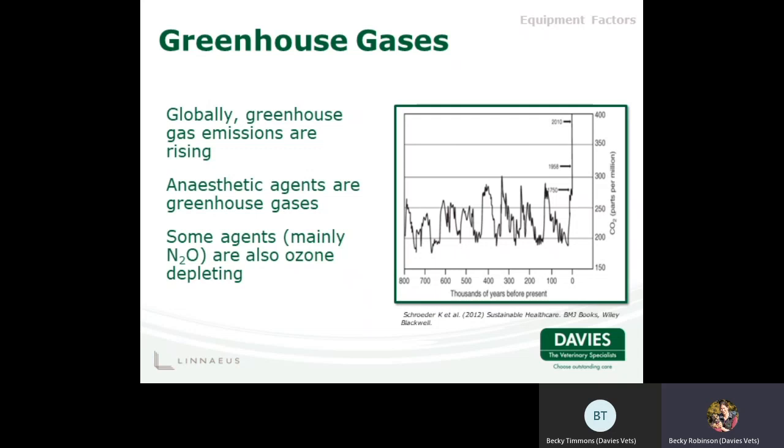From our perspective as veterinary professionals, anaesthetic agents are greenhouse gases, and some of the agents are also ozone depleting. Therefore, we have an obligation to minimise the amount of waste gases that we produce in our daily work.